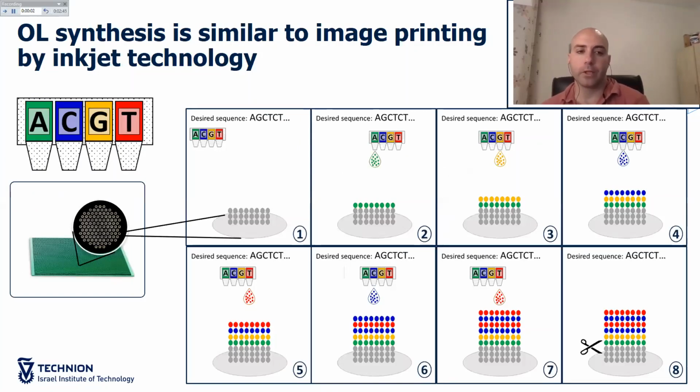The technology of DNA synthesis works very much like what we know from inkjet printers. You have a very small print head with 4 cartridges, one for each one of the DNA bases, A, C, G, and T. There is a linker that is connected to the surface, and in an iterative process, in every cycle, the next DNA base is injected onto the surface, and the molecules are elongated as we go in each cycle.